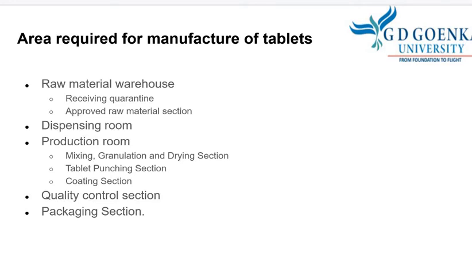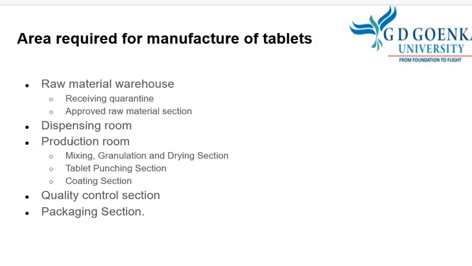The following are the areas dedicated for tablet manufacture: the raw material warehouse, wherein the raw materials are received and thereafter quarantined. Only when they pass the minimum tests as per the pharmacopoeia or general methods, they are approved for further use.